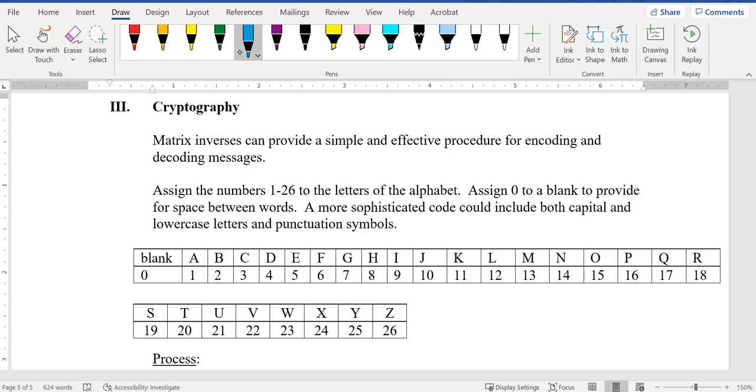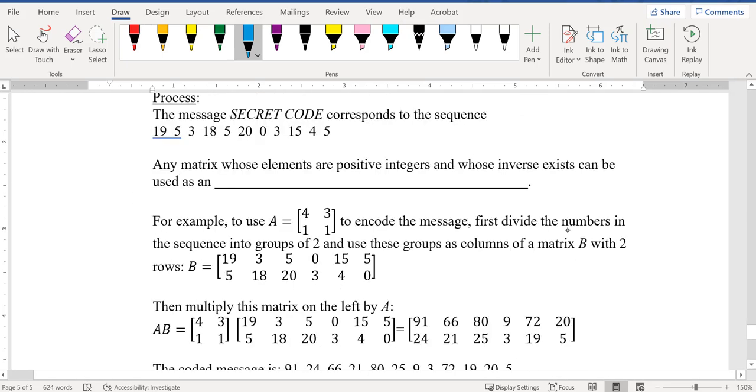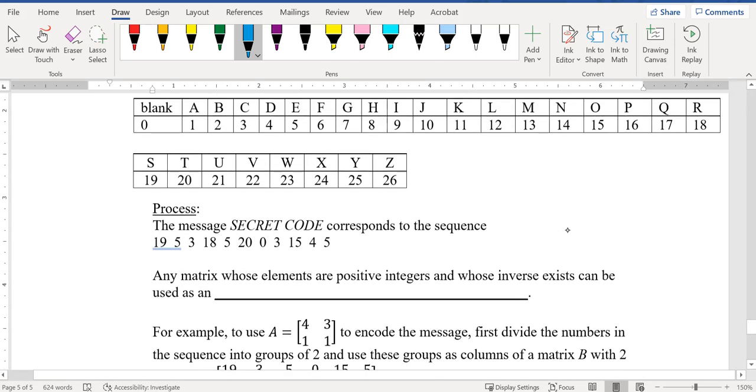So here we go. A blank is assigned to a 0, and then the letters A through Z are assigned the numbers 1 through 26. So here's the process. The message "secret code" corresponds to the following sequence. Let's go check it out.